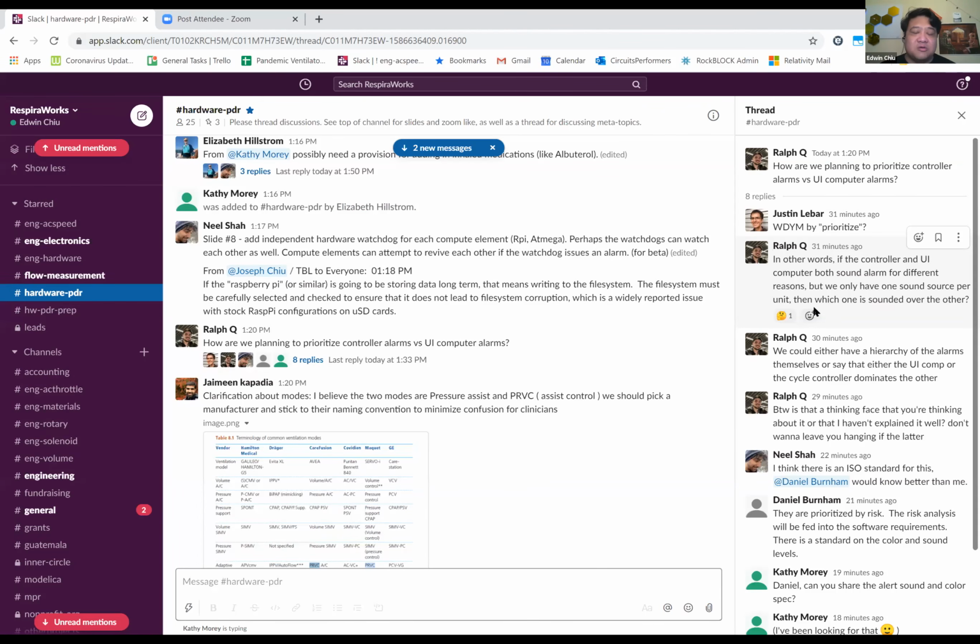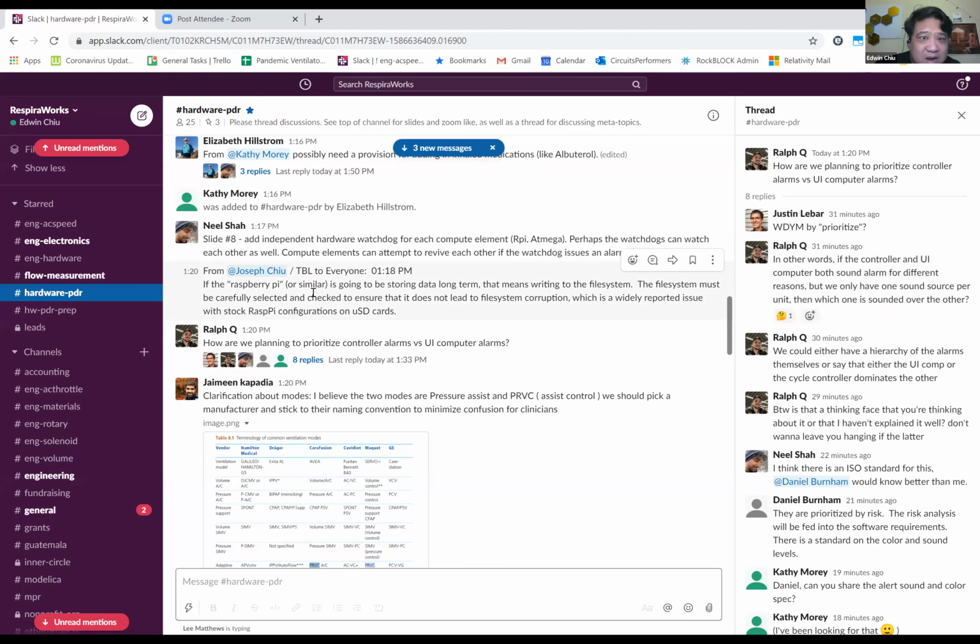So we want it to raise an alarm to the UI computer, which should respond with an ACK. If it doesn't respond with an ACK, the controller will sound its own low-level alarm. But if the UI computer does ACK, then it will sound a more specific alarm and display something on the screen describing what the failure mode is.